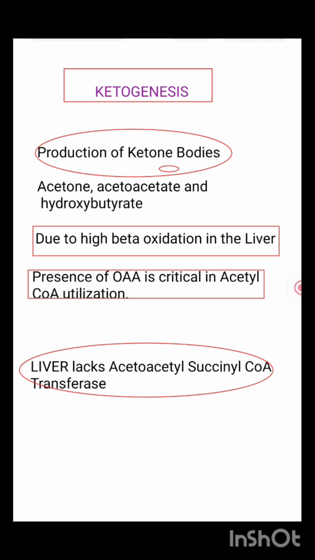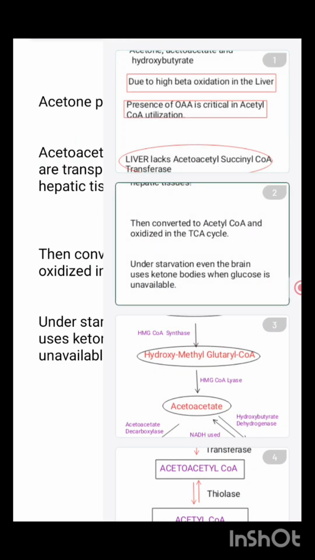Now, even if the ketone bodies are produced in the liver, they are not utilized within the liver. Why? Because the liver cells lack a very critical transferase enzyme that is required for utilization of ketone bodies.